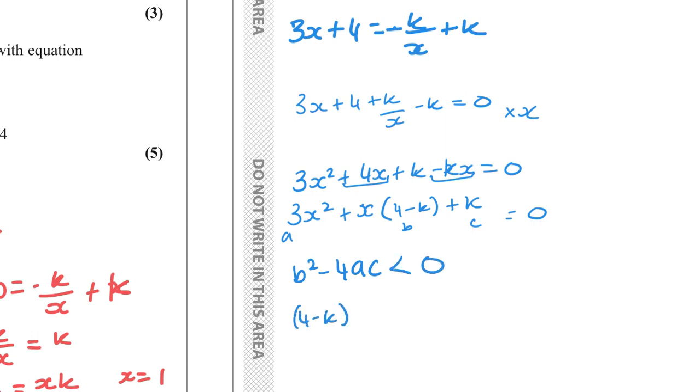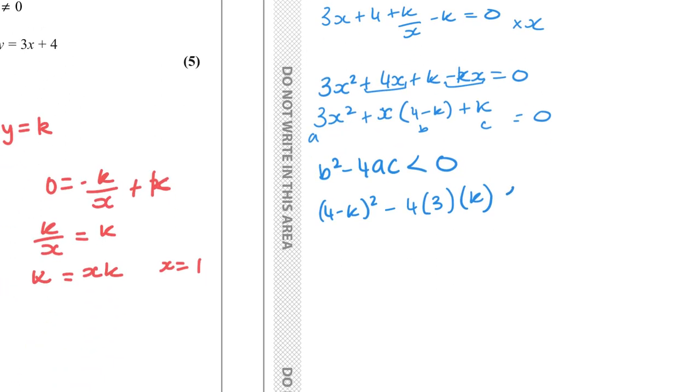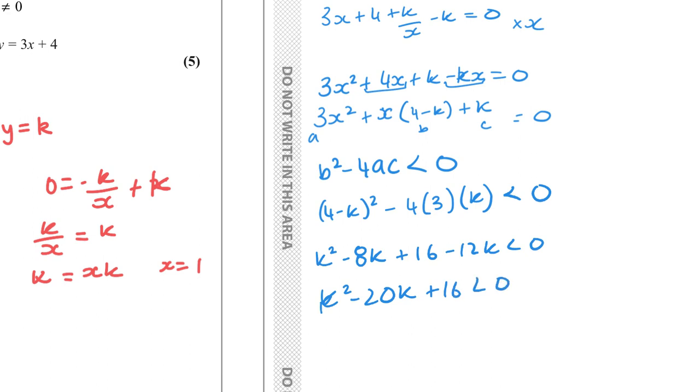So 4 minus k squared minus 4 lots of a, which is 3 lots of c, which is k, is less than 0. So I'm going to get k squared minus 20k plus 16. Okay, minus 8k plus 16 minus 12k is less than 0. Yeah, you're right. So k squared minus 20k plus 16 is less than 0. So k is 10 plus or minus 2 root 21.